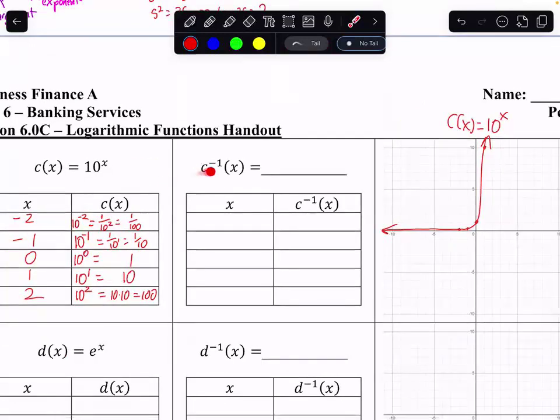Okay, and so just a quick note for those who weren't here last time. This notation means the inverse of the function. So it's not the power of -1. It just means the inverse, which is sort of like the opposite. Okay, so an inverse function undoes the original function. So the original function took in a -2 and outputted a 1/100th.